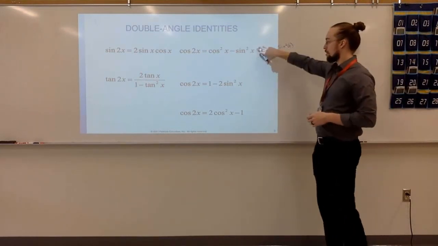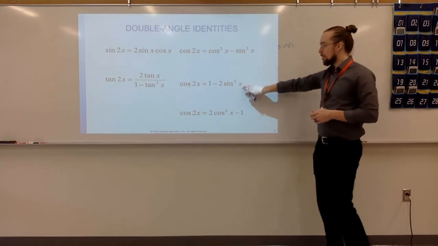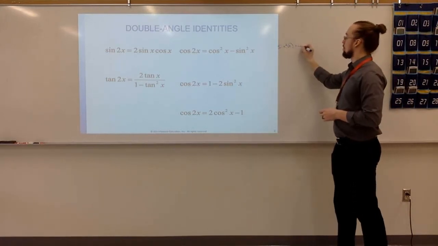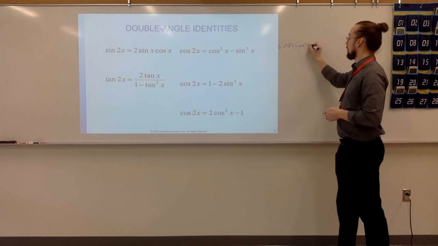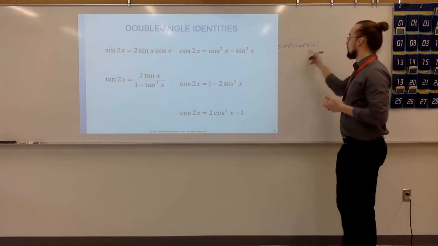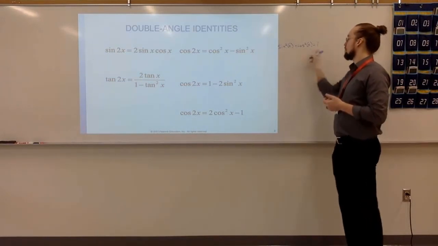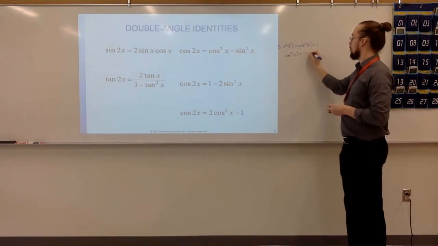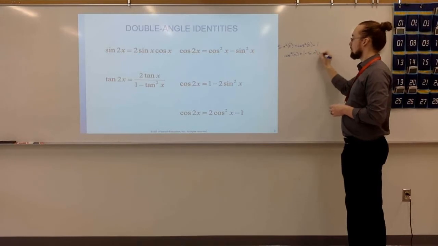Similarly, if we just know this first one, we can fairly easily derive these other two, just knowing that Pythagorean identity. I could subtract either of these pieces over to the right side, so I would have cosine squared equals 1 minus sine squared.